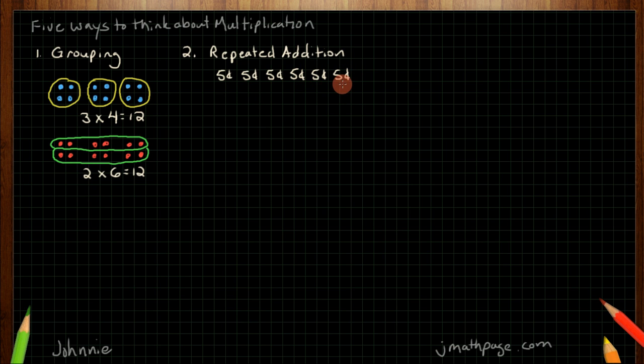It's a lot of nickels. We can think about it this way, can't we? We can think about it as 5 plus 5 plus 5 plus 5 plus 5 plus 5.